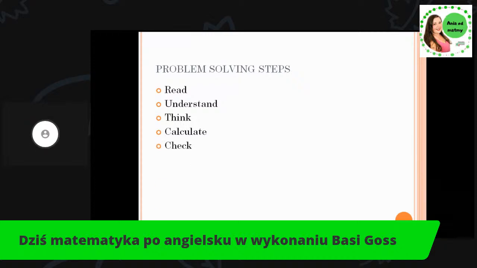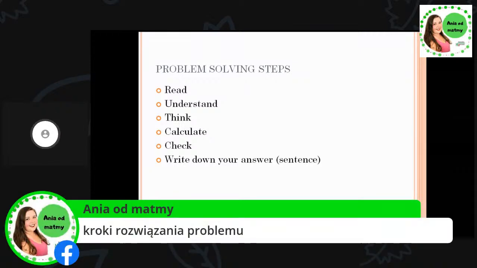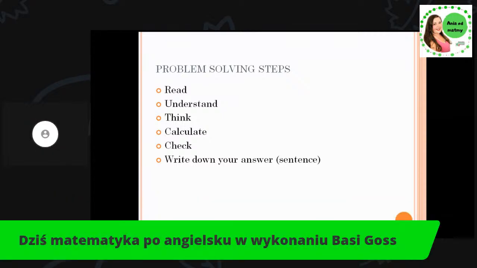Then we check if our calculation is correct. And the last step is to write the answer using a sentence. So the steps are: read, understand, think, calculate, check, and write your answer.